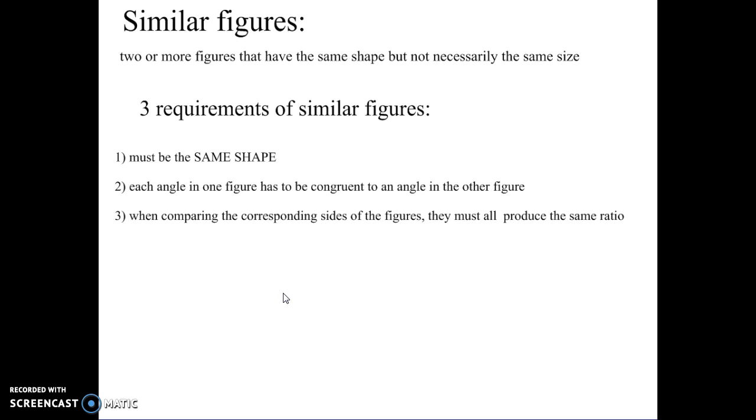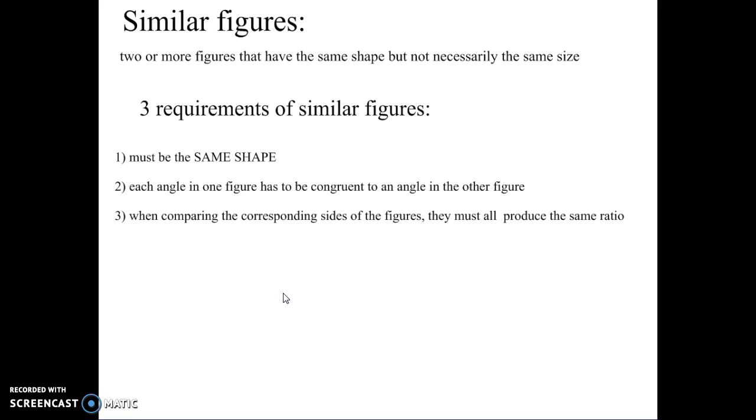The second thing that you need is that each angle in one figure has to be congruent to an angle in the other figure. So that's where the corresponding angles come from. Each figure has to have a congruent pair of corresponding angles, and all of them. So if you have triangles, for instance, each angle in one triangle has to have a congruent corresponding angle in the other triangle.